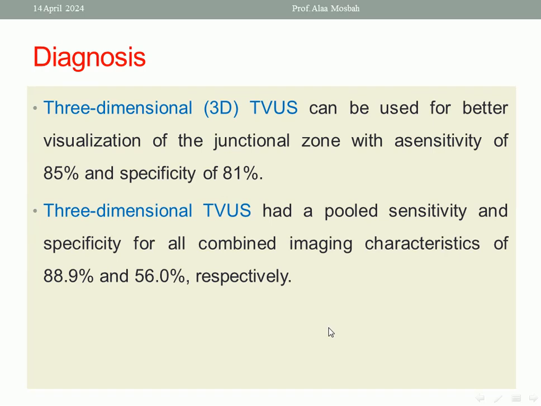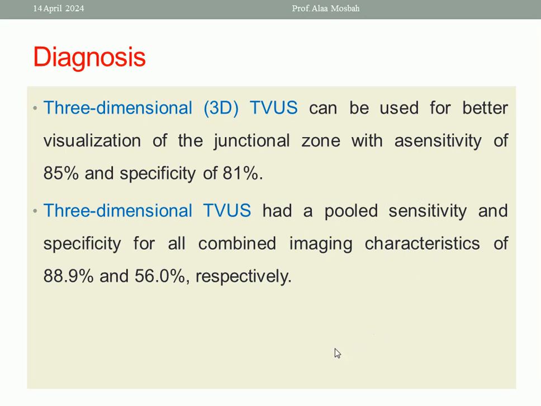What about three-dimensional transvaginal ultrasound? Three-dimensional transvaginal ultrasound can be used for better visualization of the junctional zone with a sensitivity of 85% and a specificity of 81%. Okay, this is good sensitivity and good specificity for evaluation of the junctional zone.